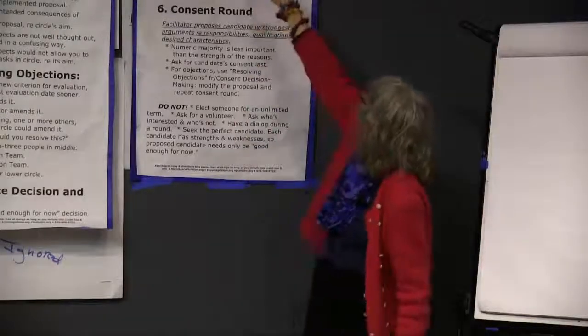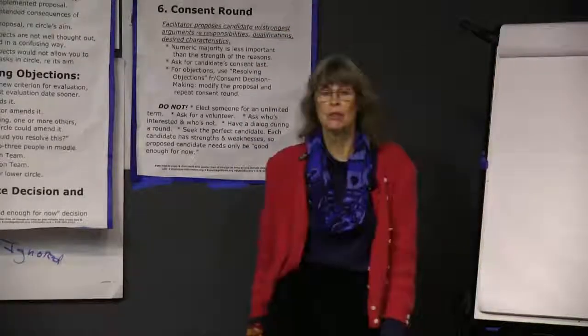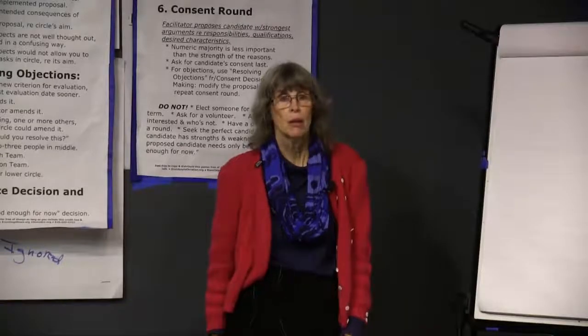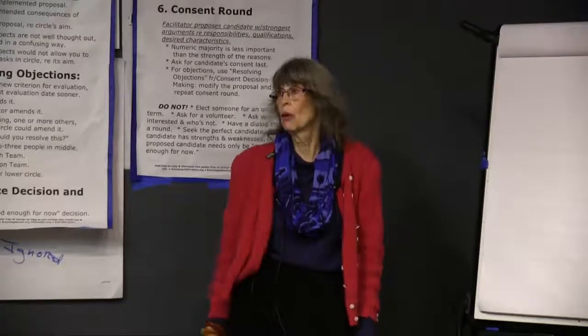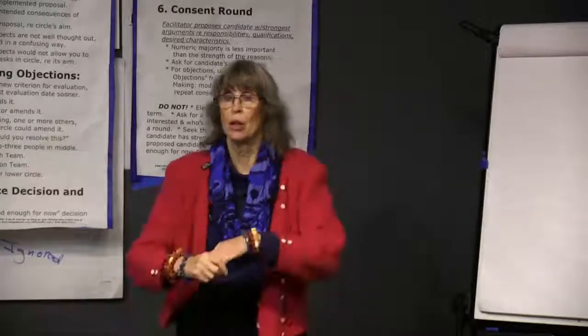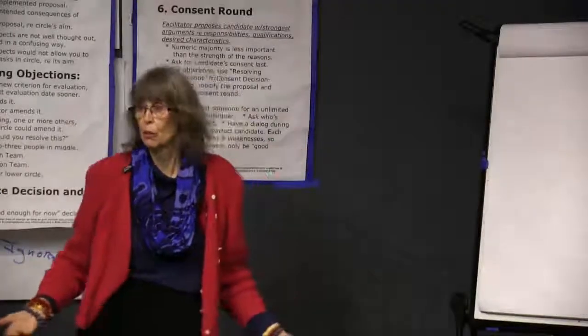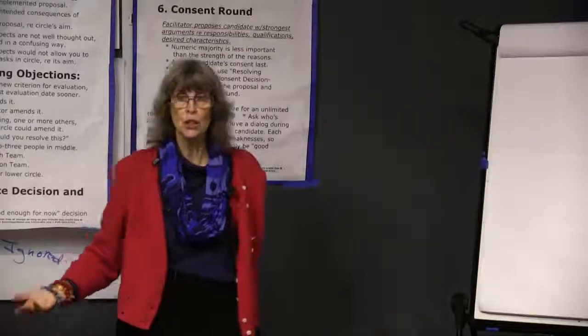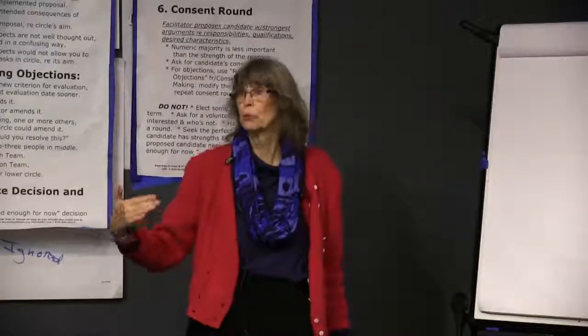And then the next thing we have is the qualifications to even do those tasks. That is to say, what are the requirements for the person to do these tasks? Let's say we're choosing someone in our finance circle for the role of bookkeeper. There are certain tasks that a bookkeeper does.